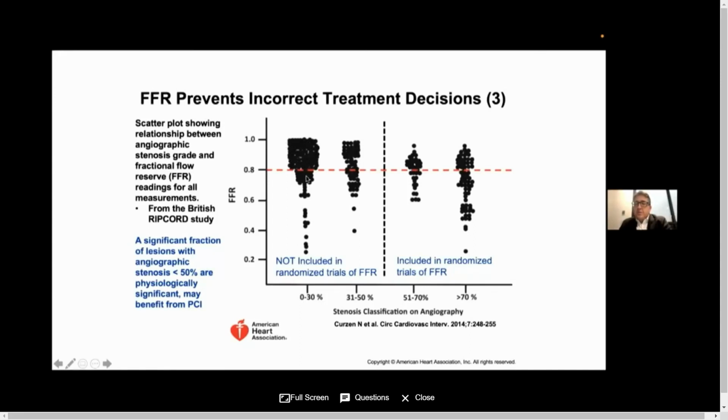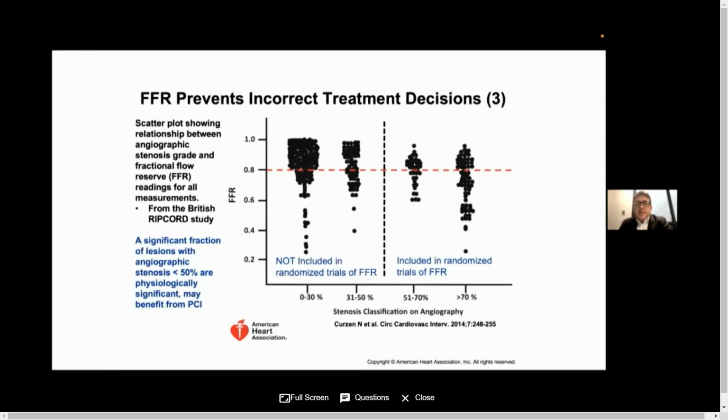But it always intrigued me that you get some cases where you have very, very significant FFR values. And of course, this could be a mistake in the measurement. It could be a case where there's a massive Venturi effect, so you have a high flow giving a false positive FFR. But as we found out, and I'll touch on this later in the DEFINE PCI study, there are many cases where we just miss treating the most severe lesion.